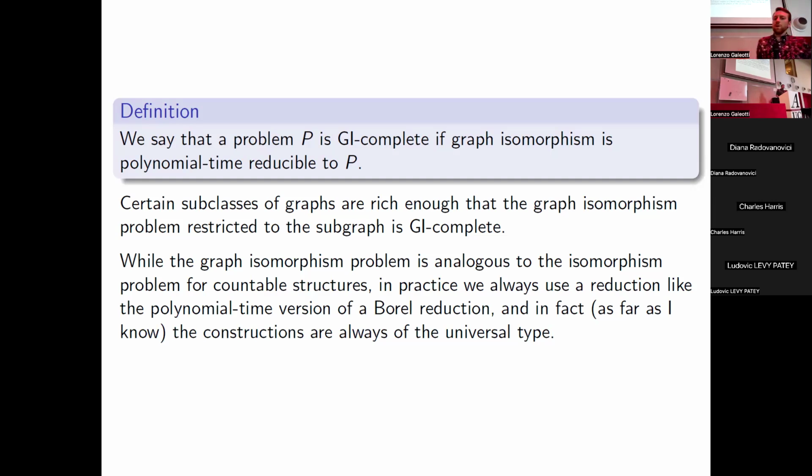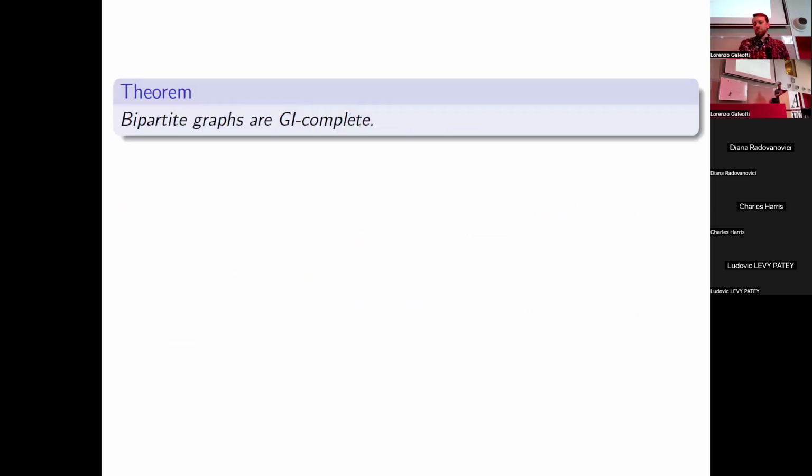And that's even though, technically, the graph isomorphism problem is defined analogously to the isomorphism problem, which is the weakest of these three things. Nevertheless, the reductions always seem to be the strongest version. As far as I know, that seems to always be true. So I'm interested in whether there is any example where that's not the case. I'm going to talk about maybe why that might always be the case, but first, let's talk about bipartite graphs as a nice little example.